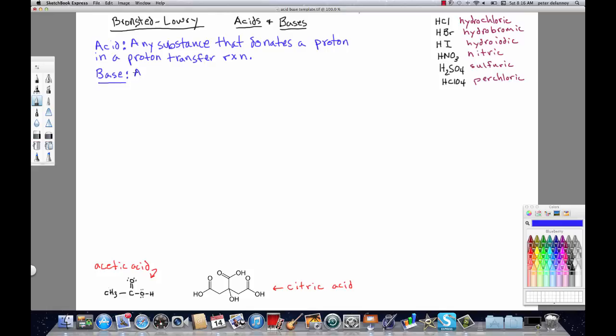A base is any substance that can accept a proton in a proton transfer reaction.